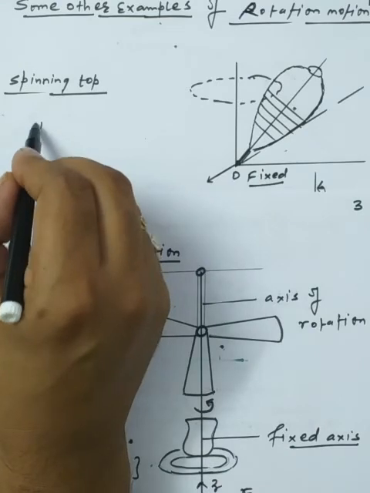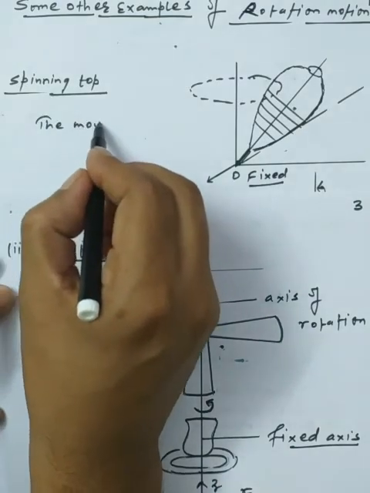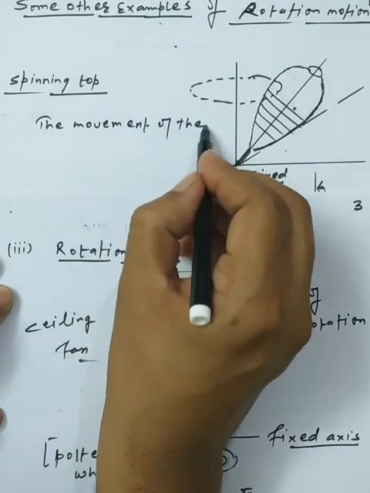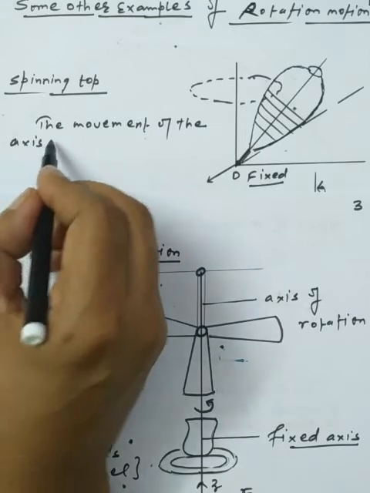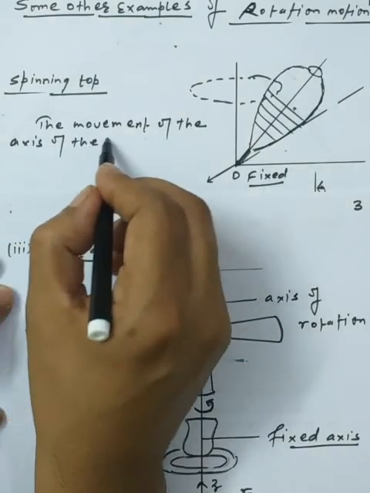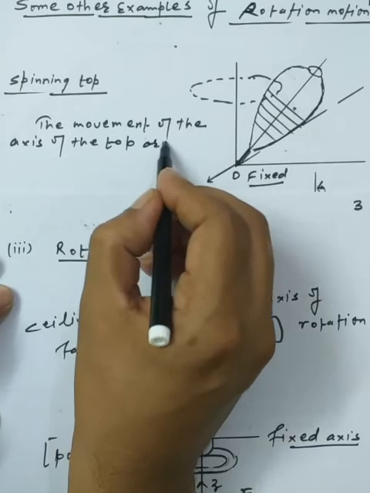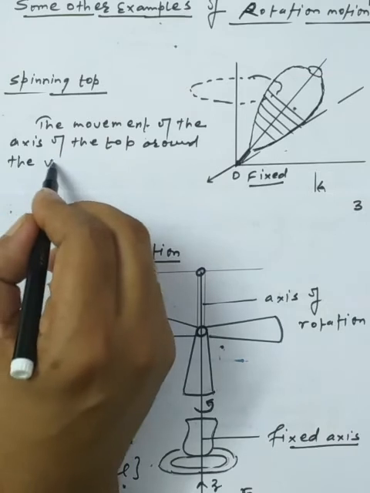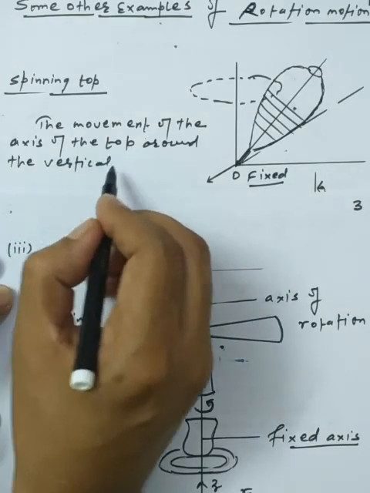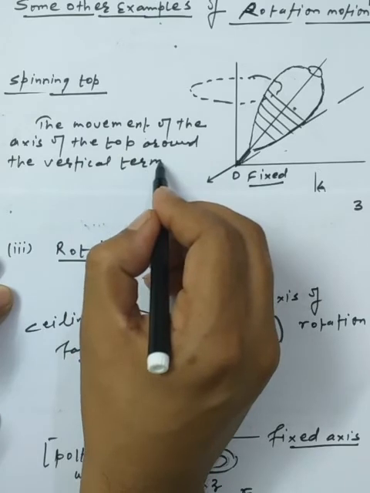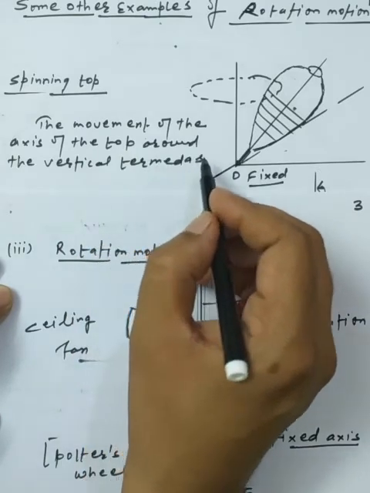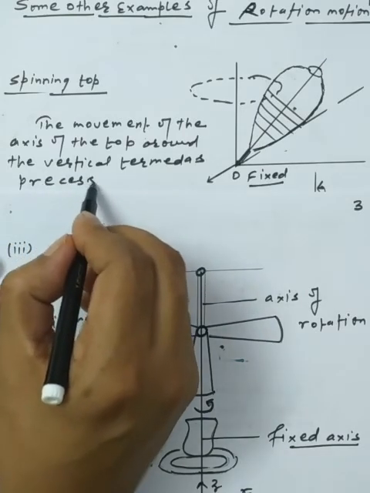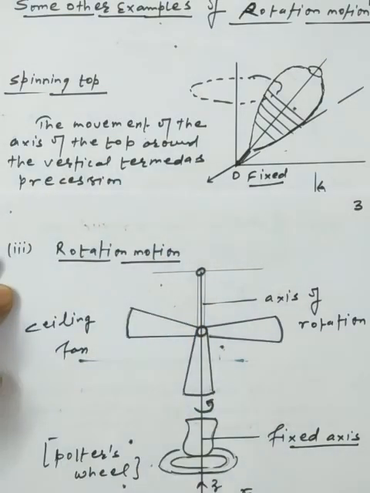Here I can add the words: the movement of the axis of the top around the vertical is termed as precession.